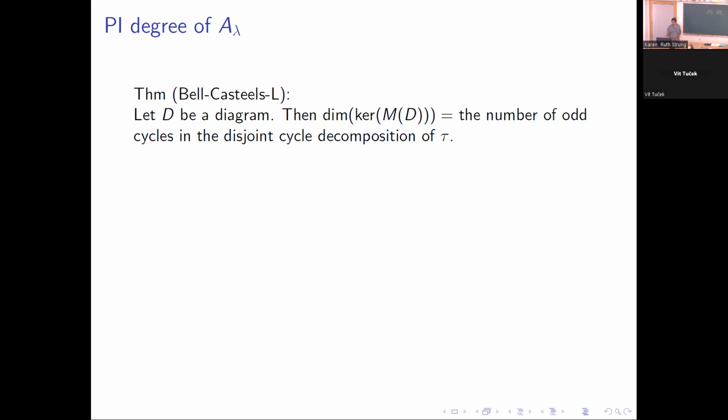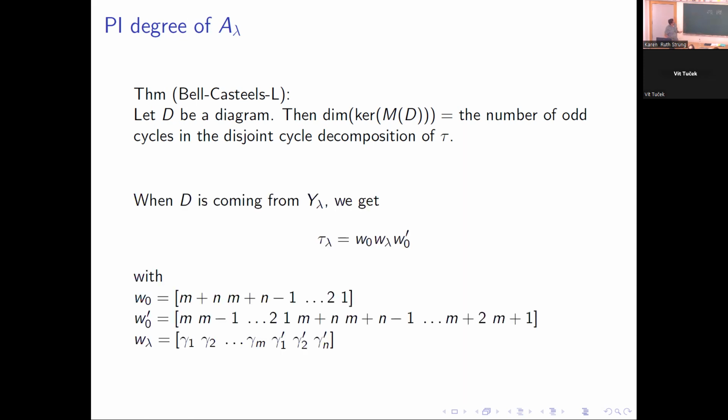And interestingly, this permutation, I said D, but actually I should have said lambda, gives you the dimension of the kernel of the matrix we are considering. Why? This is equal to the number of odd cycles in the disjoint cycle decomposition of the permutation I've constructed.